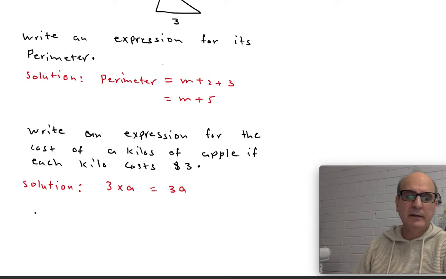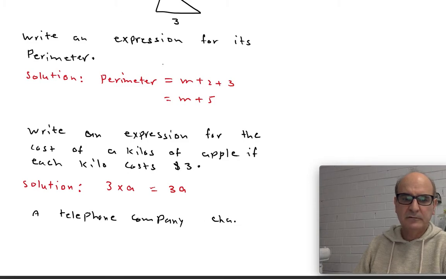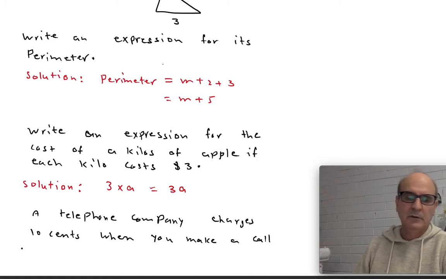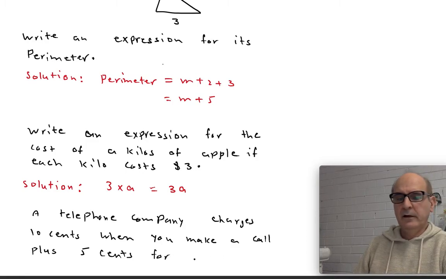As another example, a telephone company charges 10 cents when you make a call, plus 5 cents for each minute of talk.